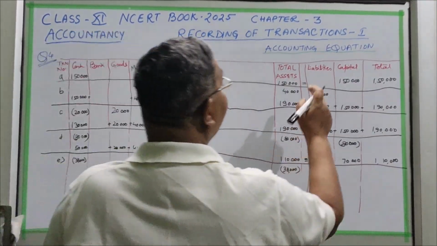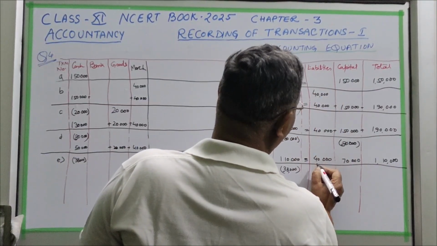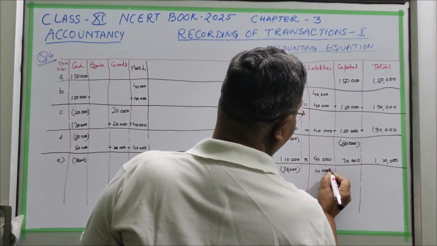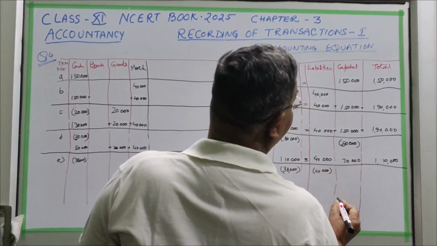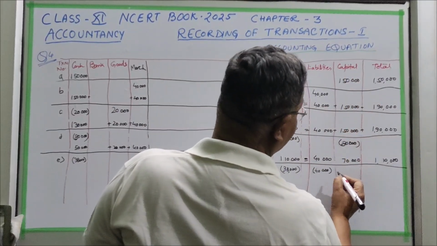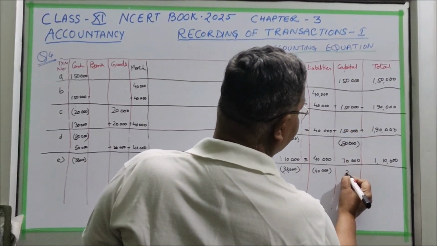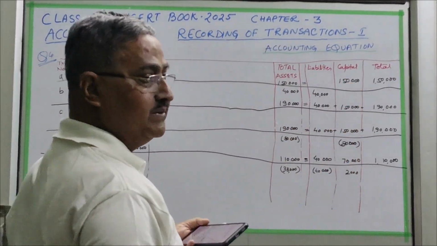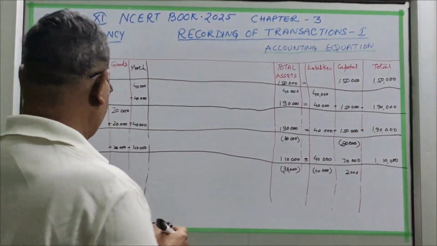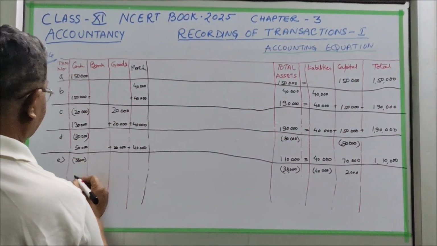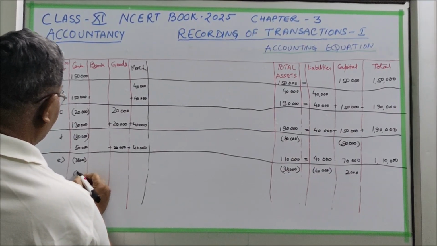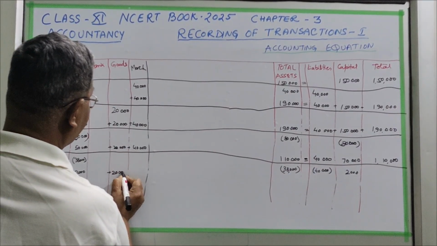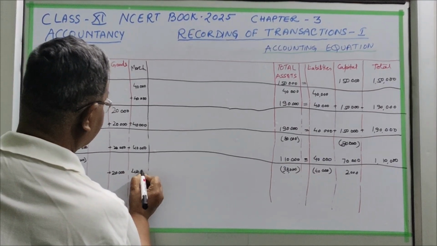Here on the liability side also 40,000 will reduce because it is a full settlement. And here your capital, 2,000 profit you are gaining, so it will increase by 2,000. So what is the position after this? After this your position is 12,000 here plus 20,000 plus 40,000.